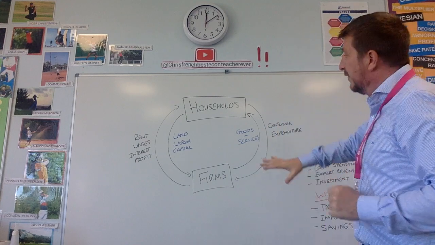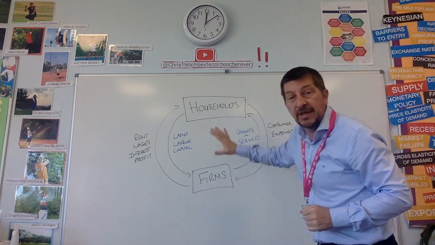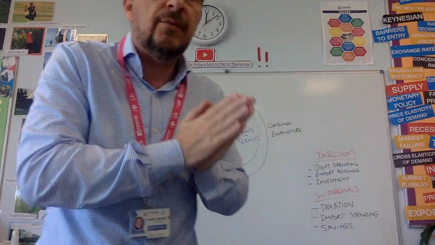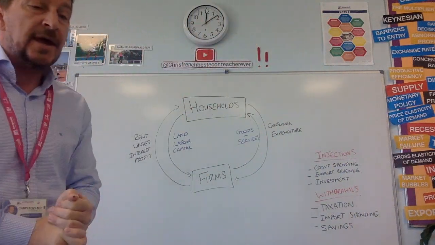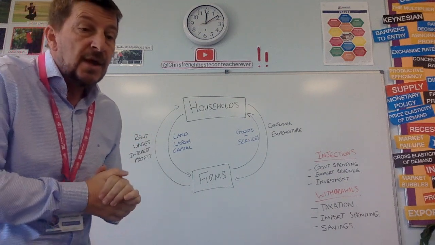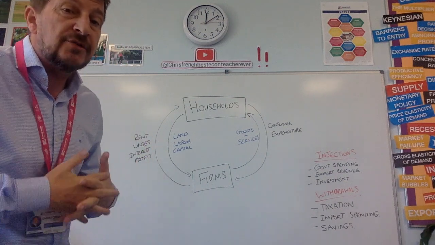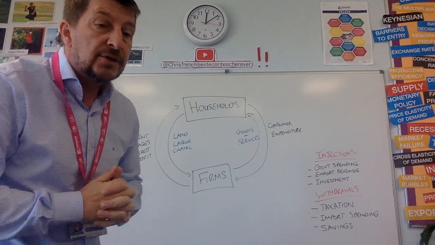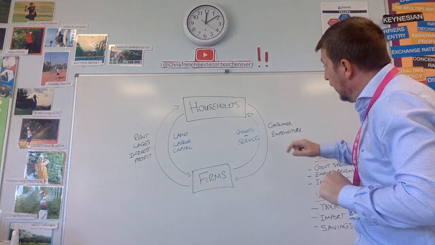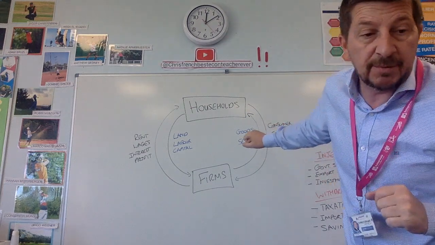Now this is a very simplified model, isn't it? But it gives us a basic understanding of how economies work. Now, next, we can look at this in terms of three different ways of measuring the size of that economy. So the first thing we can do is look at the output method. Okay, the output method is very simple.